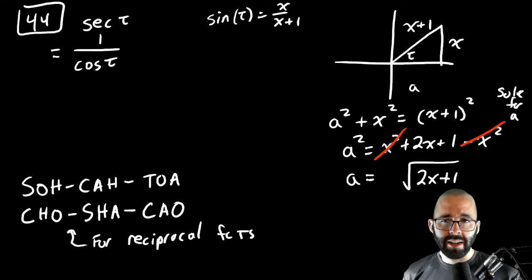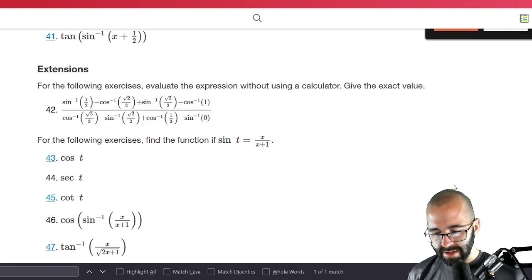And it might matter here. It didn't matter earlier because cosine was positive in both of the quadrants that we were looking at, but we don't know what t is. Does it really not tell us what t is? Like, it doesn't tell us what quadrant it's in.